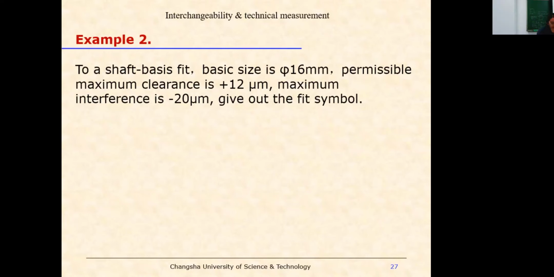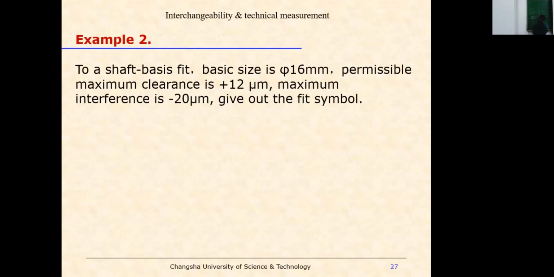Delta is 7. So we can get 7, delta. So delta is 7. So this is 0, like this is 0. So EI is this, IT7, right?